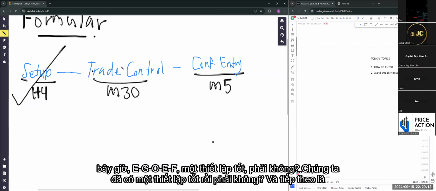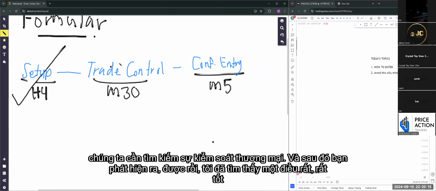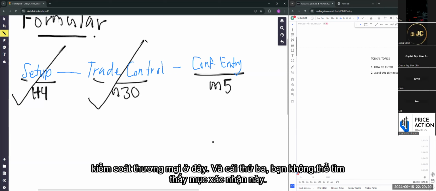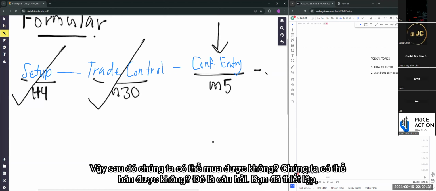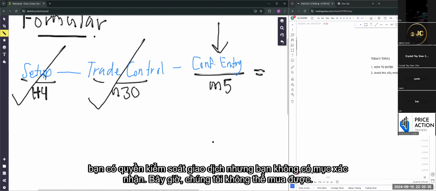Next we look for the trade control, and you find a very good trade control. But the third one, you cannot find the confirmation entry. So can we take a buy? Can we take a sell? That's the question. You have setup, you have trade control, but you don't have a confirmation entry.